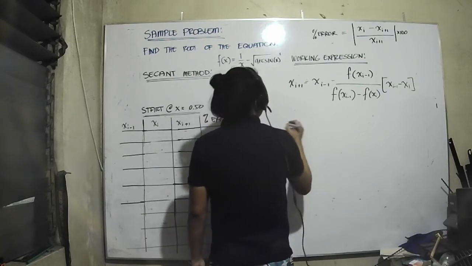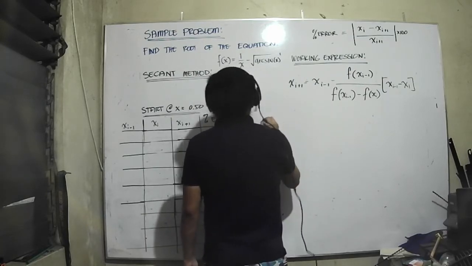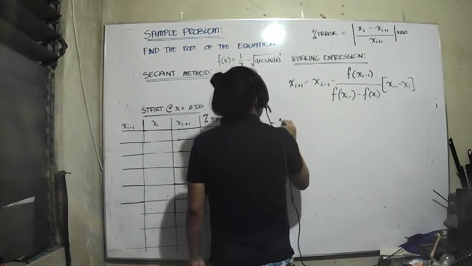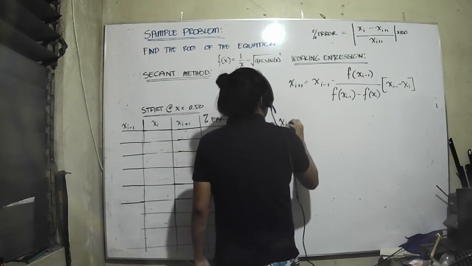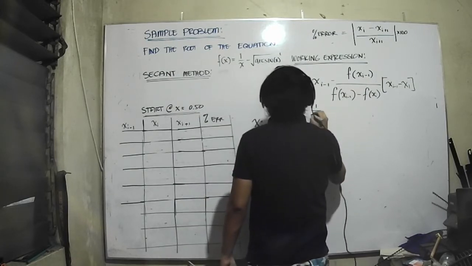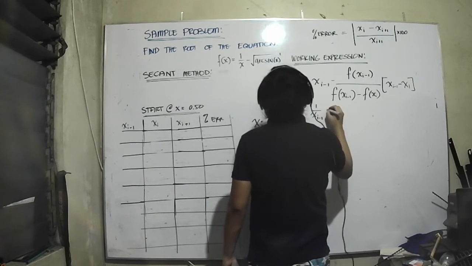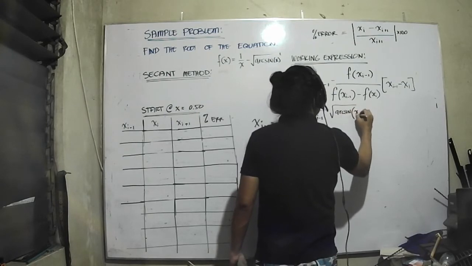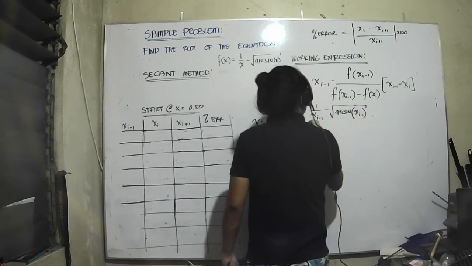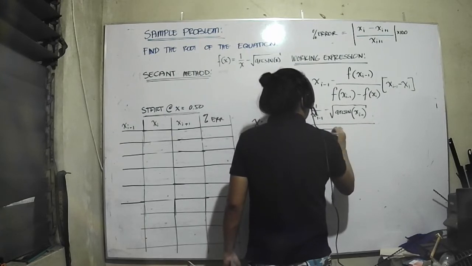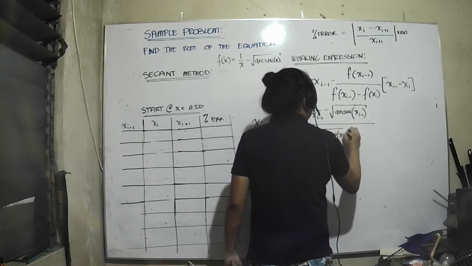So in order to derive a working expression, this is equal to x_{i-1} minus, this is 1 over x_{i-1} minus arc sine x_{i-1}, divided by 1 minus x_{i-1} minus arc sine x_{i-1}.